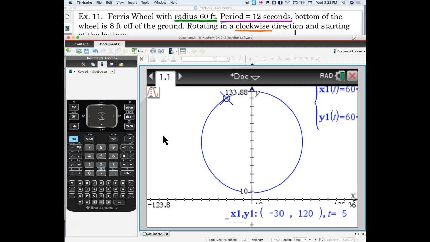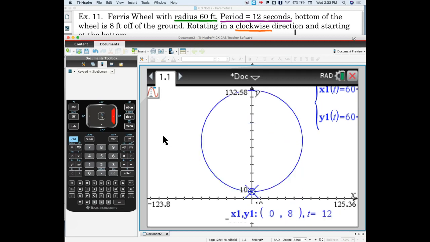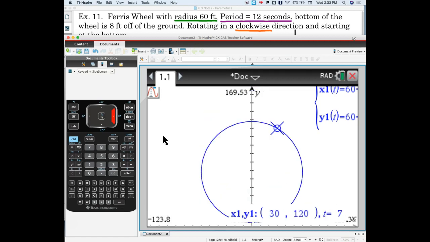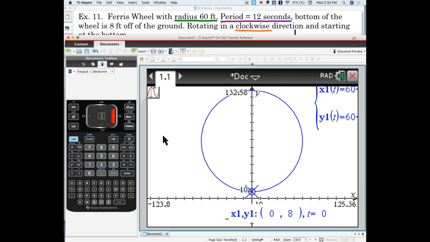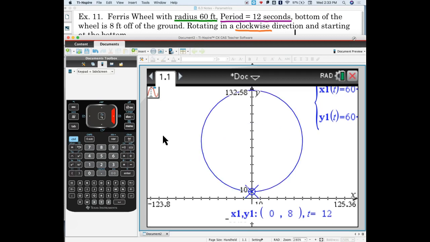I could continue around 5, 6, 7, 8, 9, 10, 11, 12, 13, 14, 15, 16, 17, 18, 19, 20, 21, 22, 23, 24, 25, 26, 27, 28, 29, 30, 31, 32, 33, 34, 35, 36.